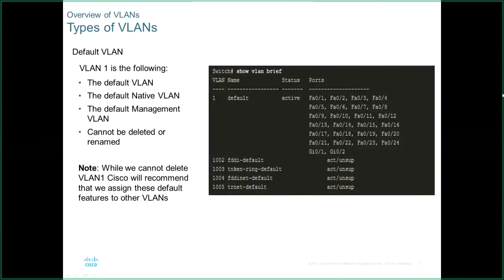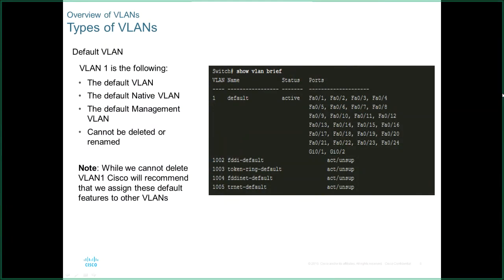Alright, so when it comes out of the box, every port is already assigned to VLAN 1. It's active, and because it's default, everybody knows it's there.